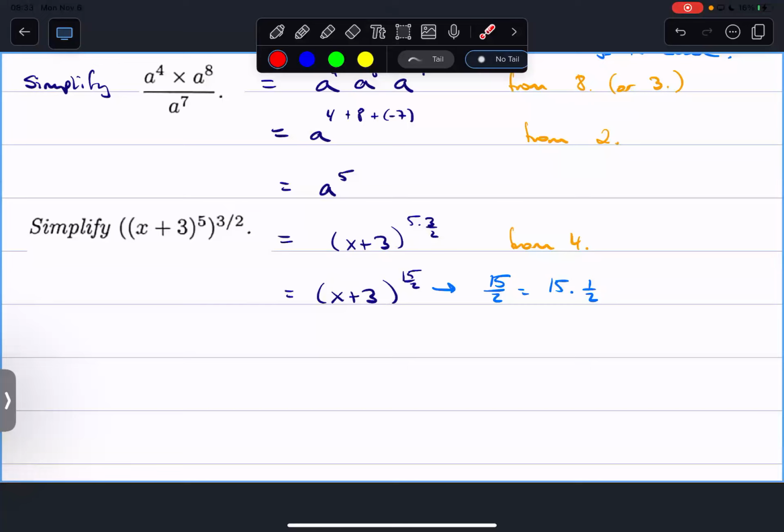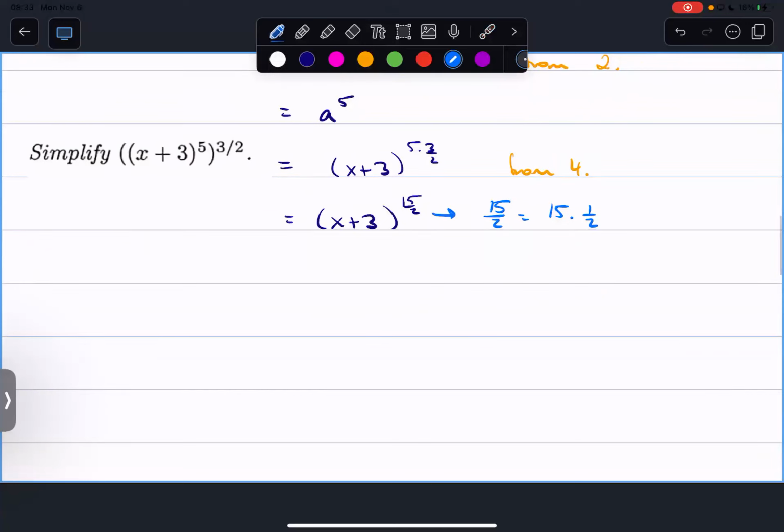Usually we skip that step, because at that point you're pretty comfortable moving around with exponents. So as a middle step, x plus 3 to the power of 15 times 1 over 2. Just rewriting it.